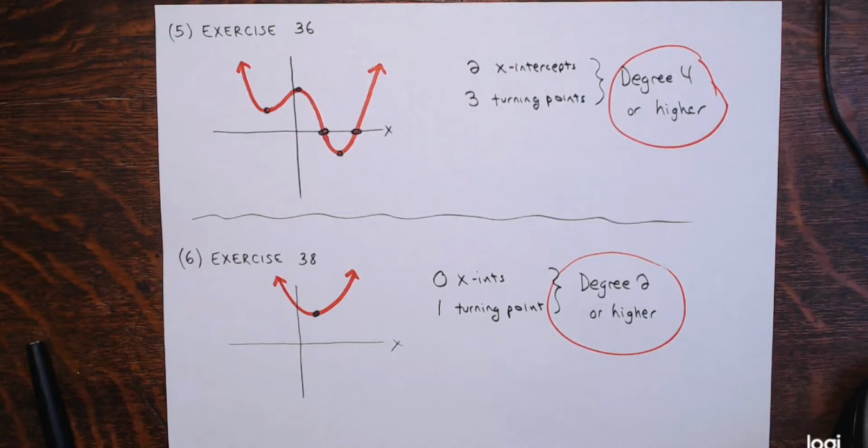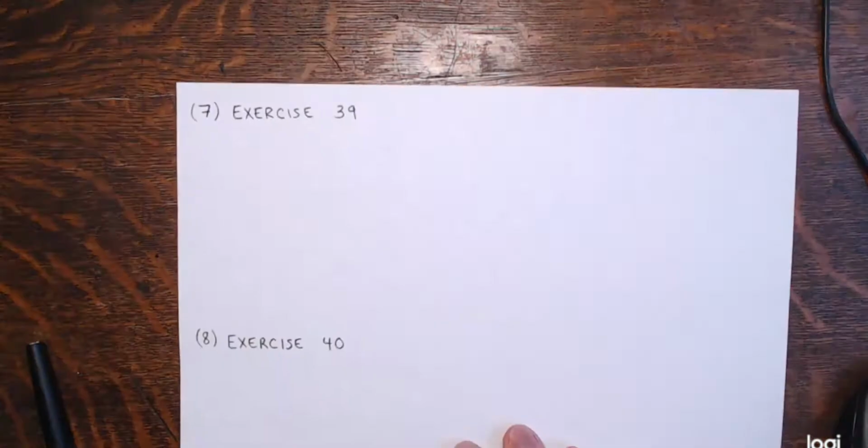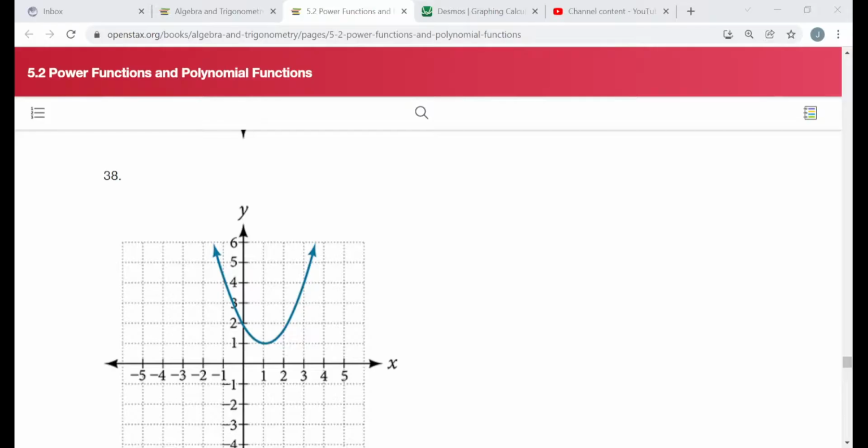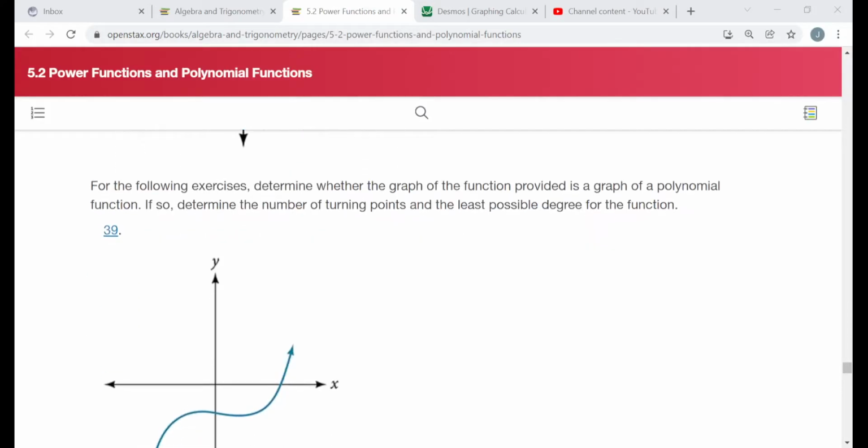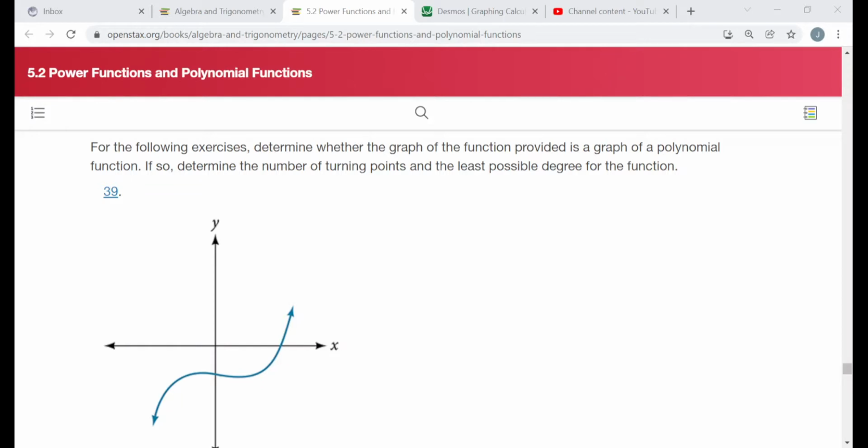Okay, the next example I want to do is exercise 39 from the text. This is one of the odd ones, so now the instructions are a little different. It says, for the following exercises, determine whether the graph of the function provided is a graph of a polynomial function.